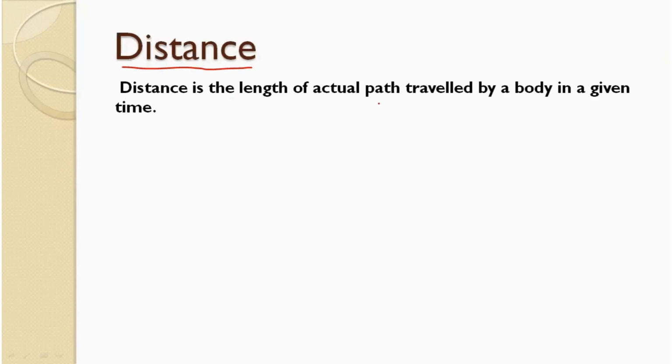Distance is the length of the actual path traveled. Whenever a body is traveling, the actual length which it covered would be the distance. For example, let us say A is traveling towards the east direction.